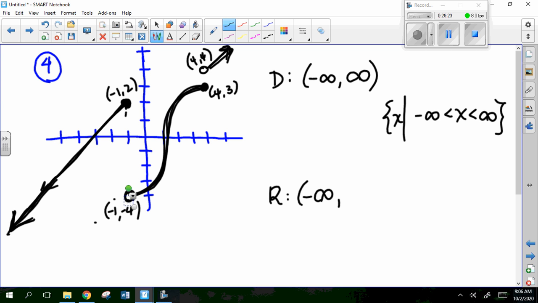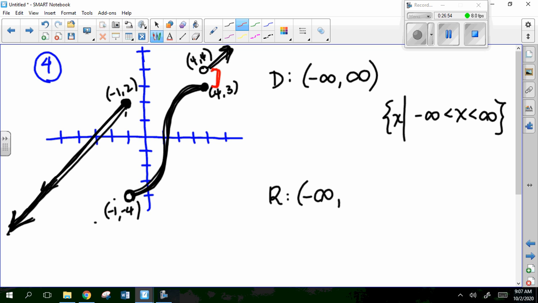And I'm just looking to see, as I head up, is there a piece of a graph that's always touching a y value? Well, this piece touches lots of y values as I go up. This piece touches lots of y values as I go up. But there's a break right here where there's no y values being touched.